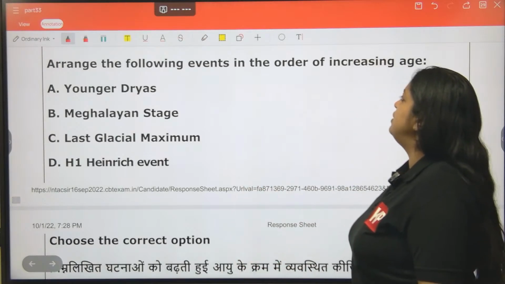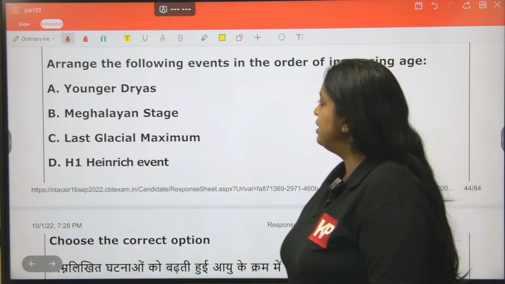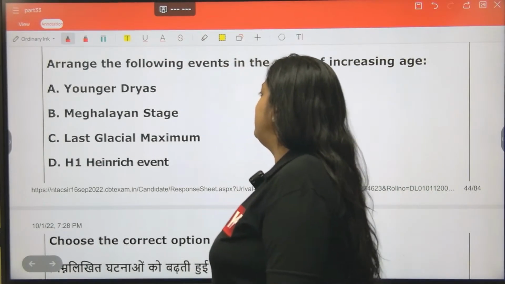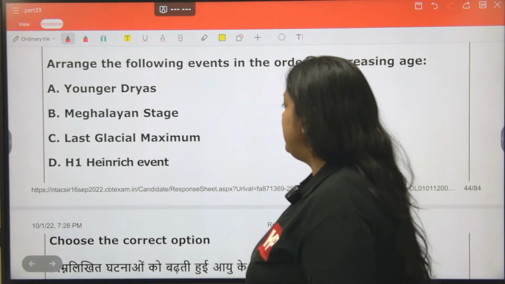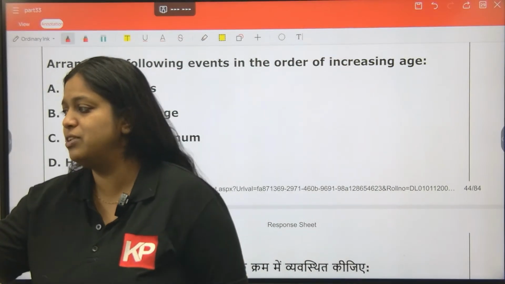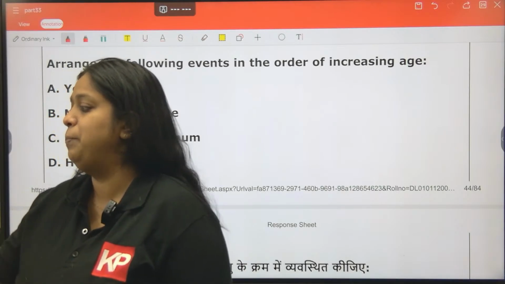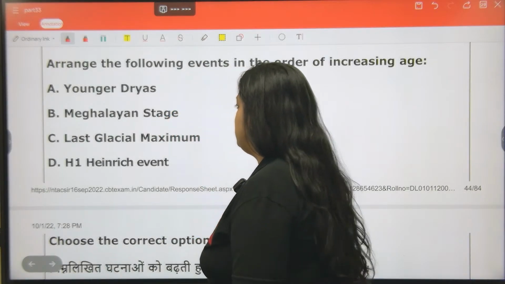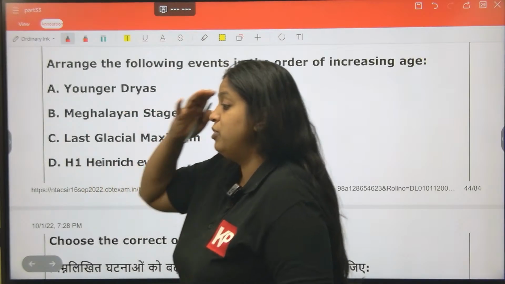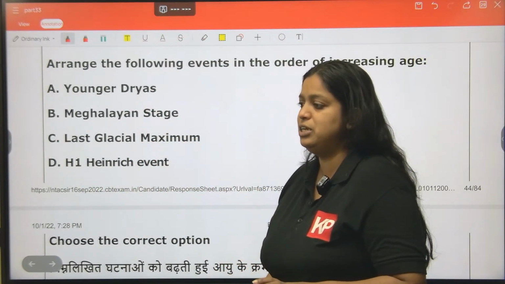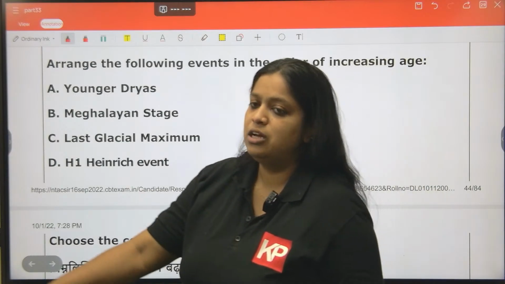Arrange the following events in the order of increasing age. Younger Dryas, Meghalayan stage, last glacial maximum, H1 Heinrich event. These are different events that mainly happened. The Heinrich event took place during the Pleistocene, when a huge amount of icebergs broke off from a glacial sheet and were transferred through the Hudson Strait in North America.